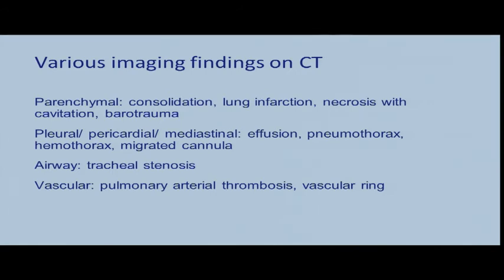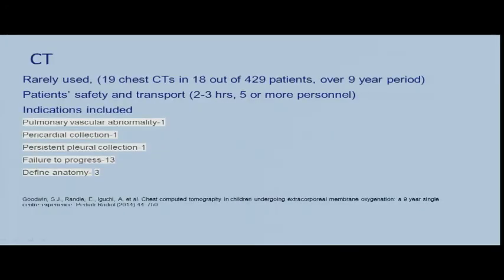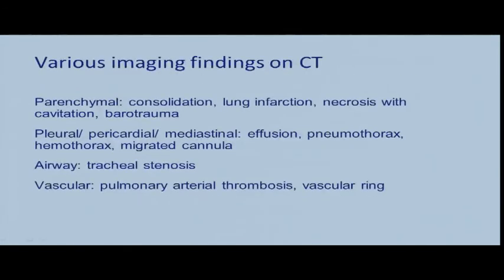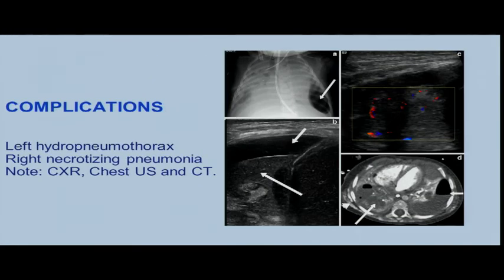And like you noticed in the previous slide, another indication was to define the anatomy. So sometimes they found vascular rings, even in the neonates. So it's an opportunity to define the anatomy in cases where anomalies are being suspected.